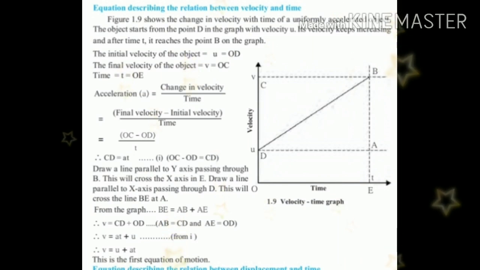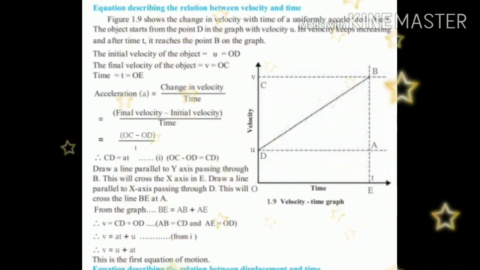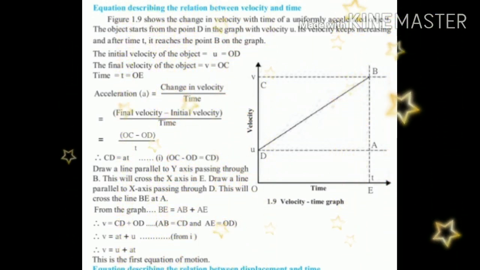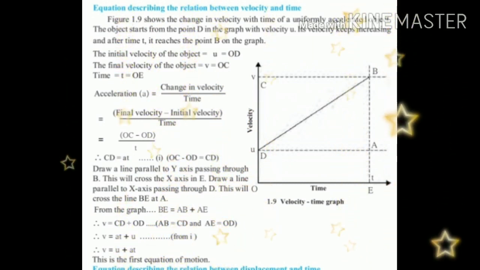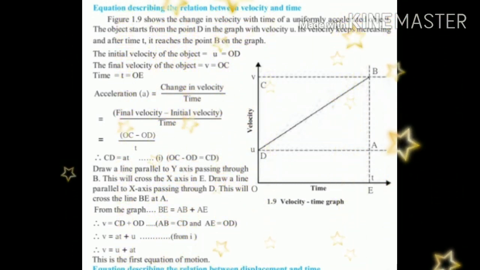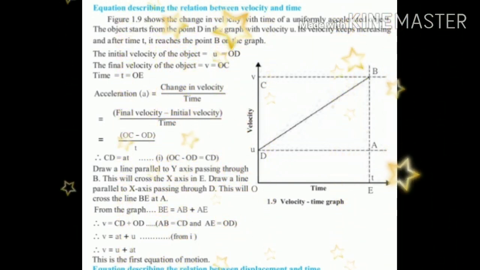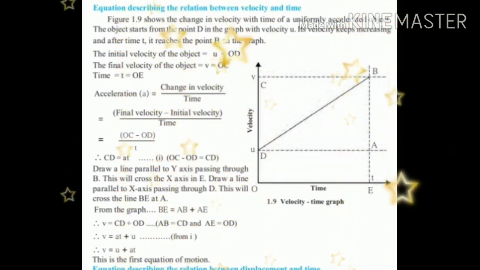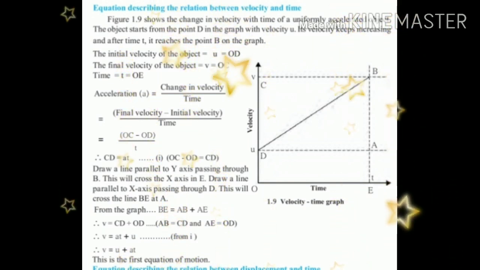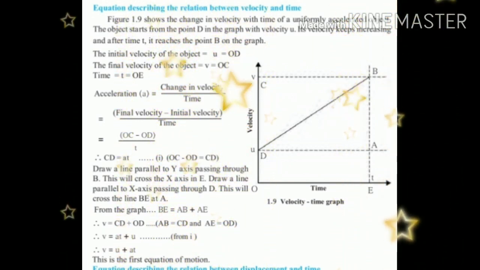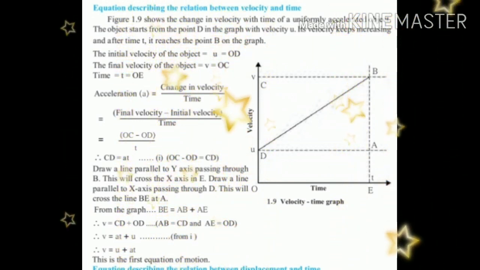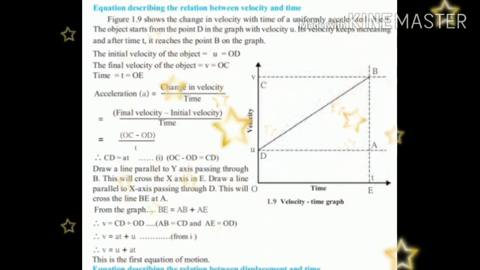From the graph, BE is equal to AB plus AE. Therefore, BE, that is the final velocity v, is equal to CD plus OD, because here AB is equal to CD and AE is equal to OD.